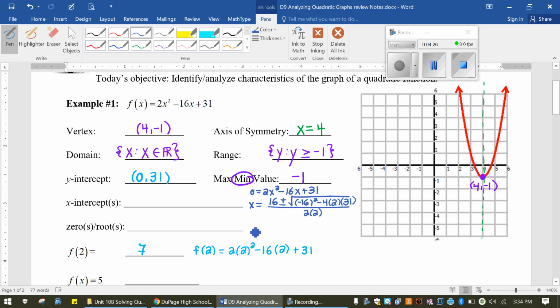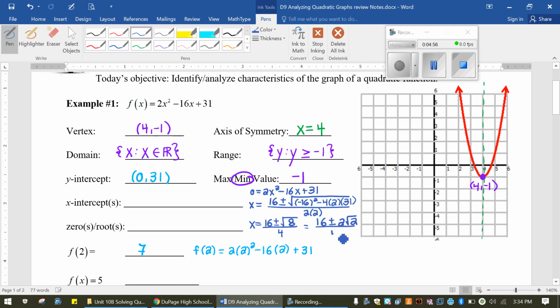What we get then is x equals 16 plus or minus, and if we put all of this under the square root in the calculator, we end up with the square root of 8. And then we can reduce that even more, because there's a perfect square factor in 8 of 4. And so it's the square root of 4 times the square root of 2, which is going to make us 2 root 2.